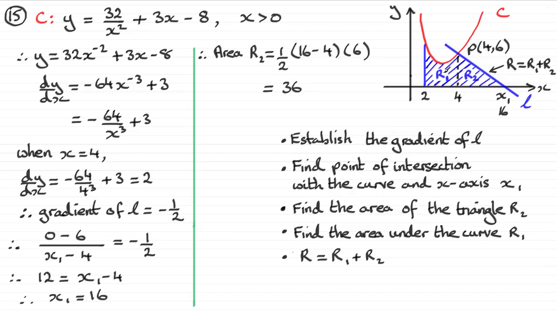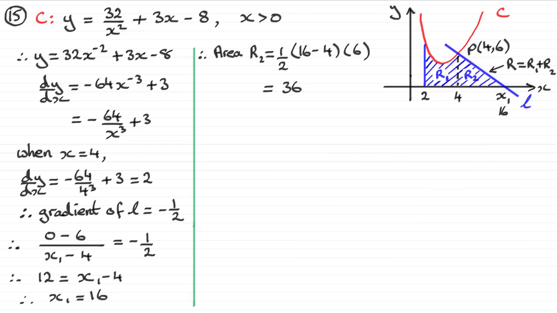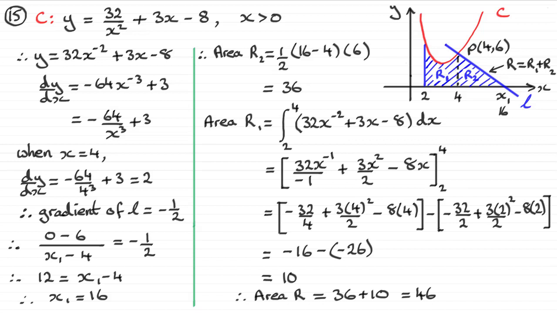Now we need to work out the area R1, and I said we do that by integrating our equation here and integrating it between the limits 2 and 4. So I'm going to need to remove this method here. So if we remove that, give us a space, then to work out that area, you can see I've integrated our equation, or I'm going to get ready to integrate it, between the limits 2 and 4.